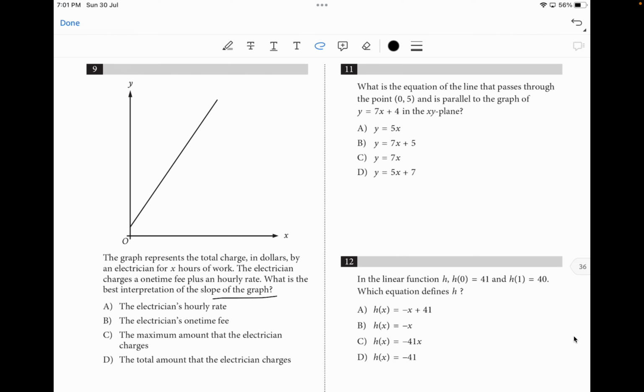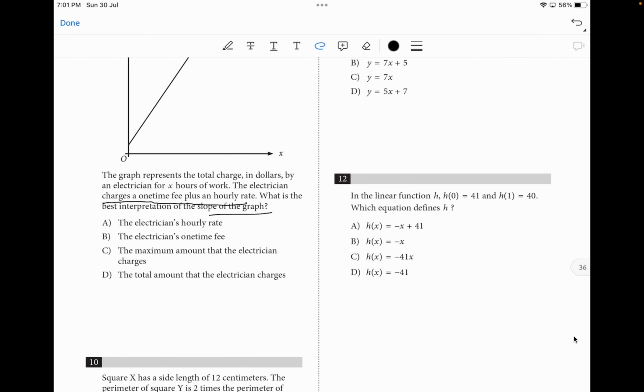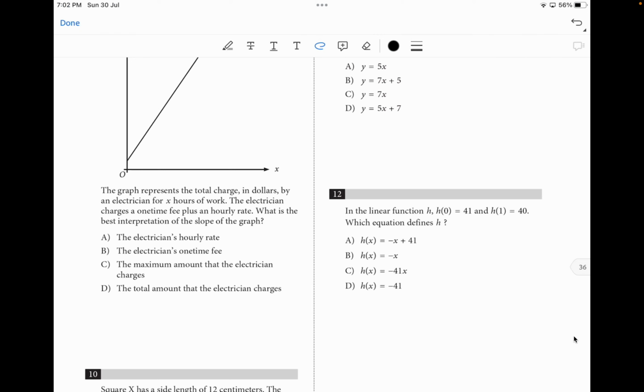So you can see that the electrician charges a one-time fee plus an hourly rate. So for the hourly rate, it's going to be the best interpretation. It's most likely going to be A, because it shows that it's the electrician's hourly rate, right? So option A is going to be your correct option.